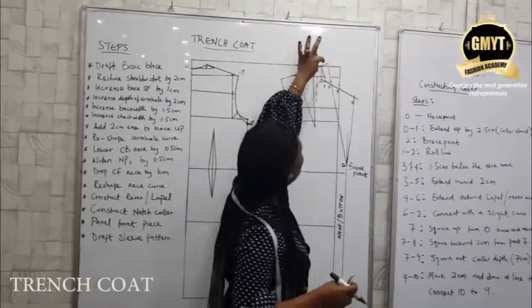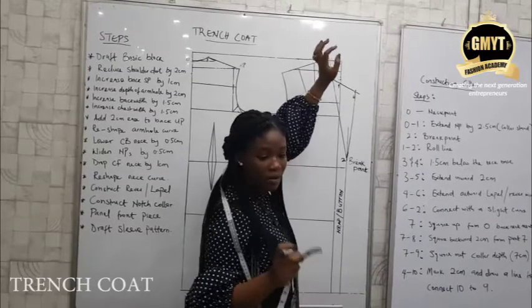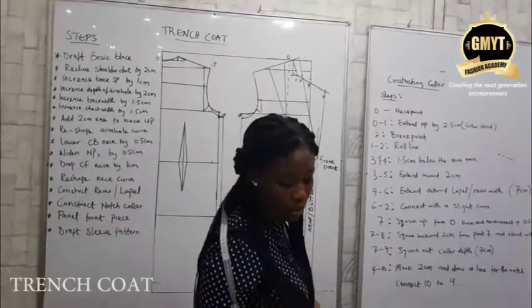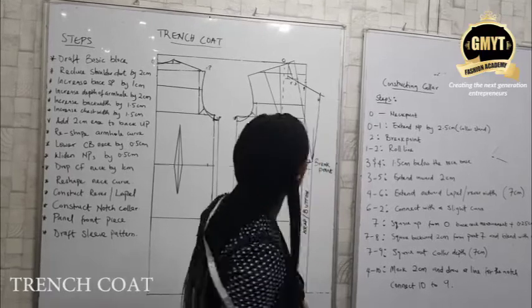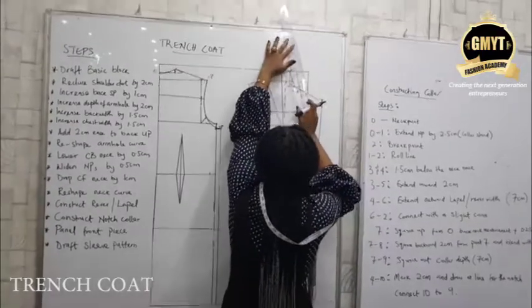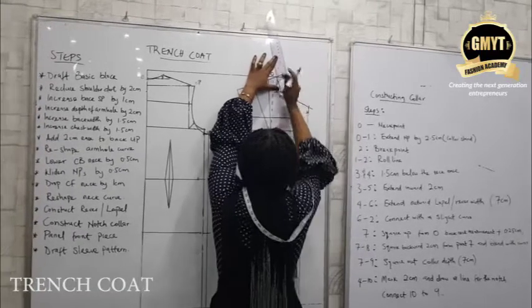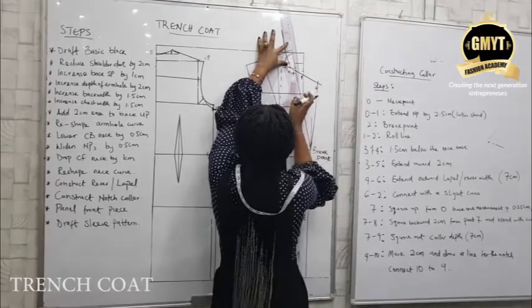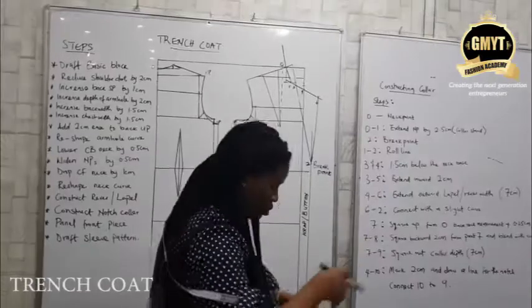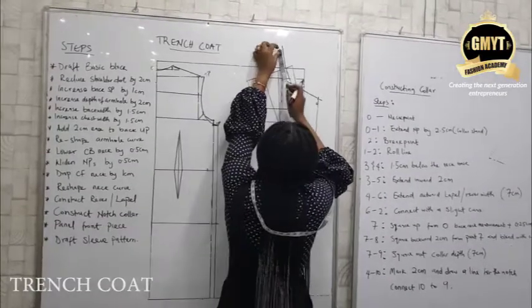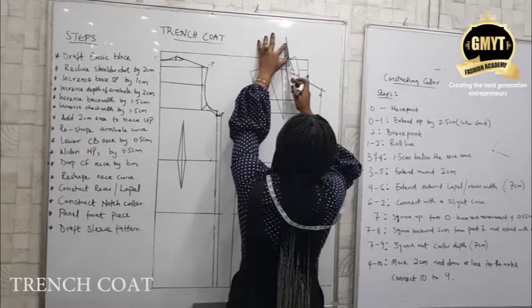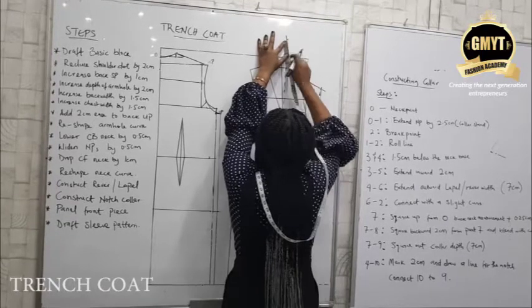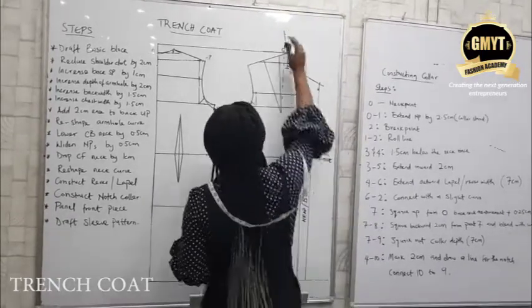So I'm going to square up from my neck point 7 cm plus 0.25, that's going to be 7.25. So I labeled this my point 7.